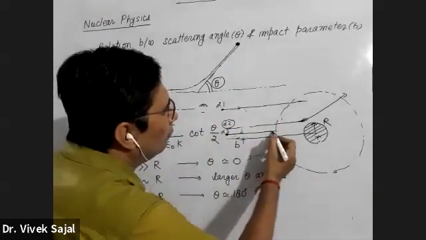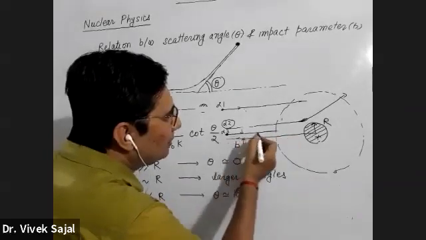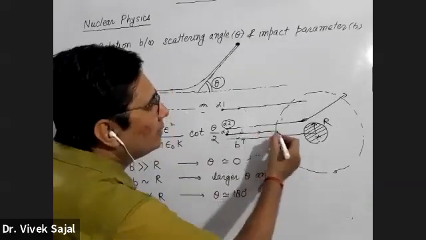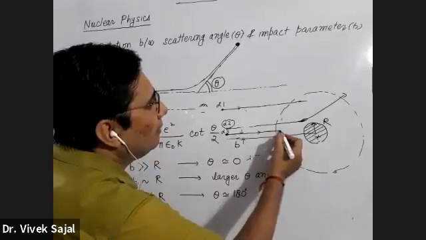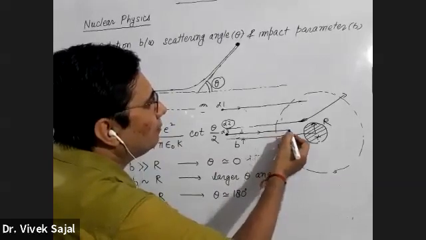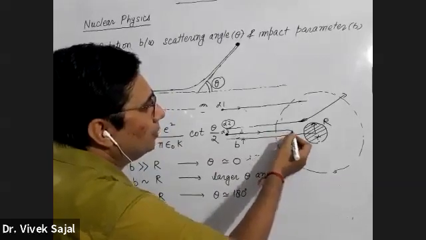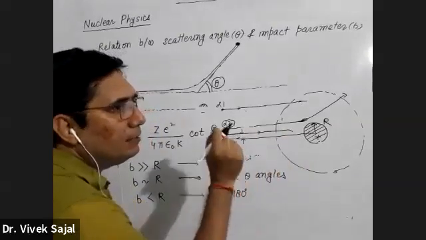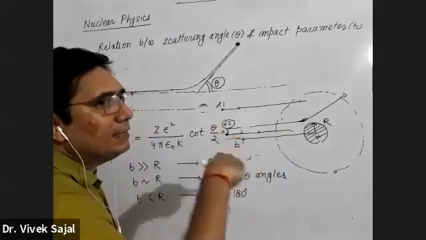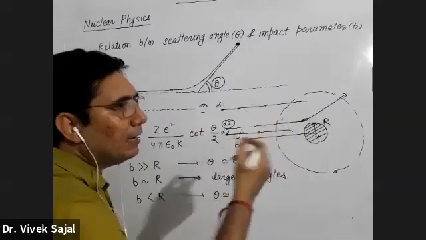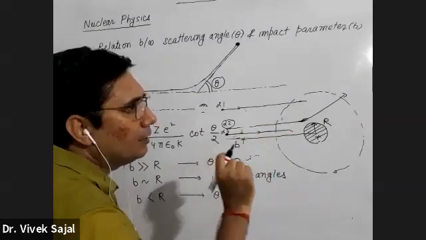As it moves ahead, its velocity will decrease, and there will be a time when its velocity becomes nearly zero. It will become zero when all of the kinetic energy becomes equal to the electrostatic repulsive energy.